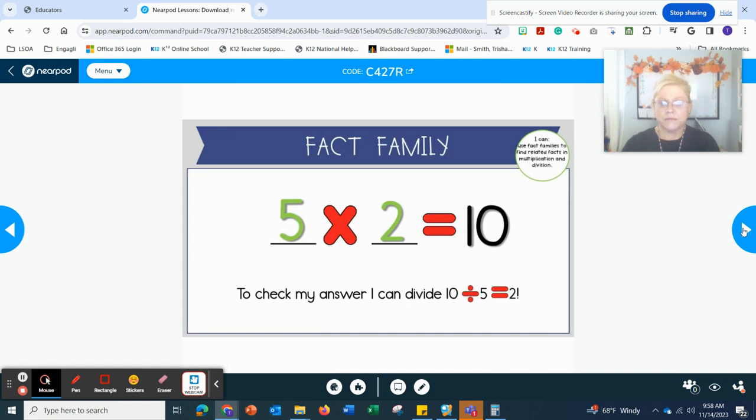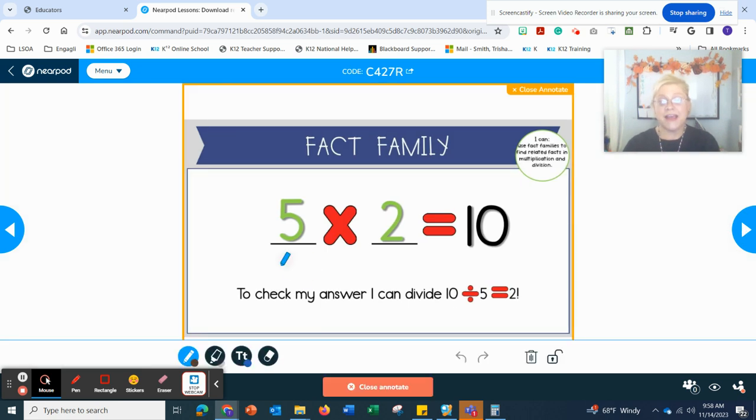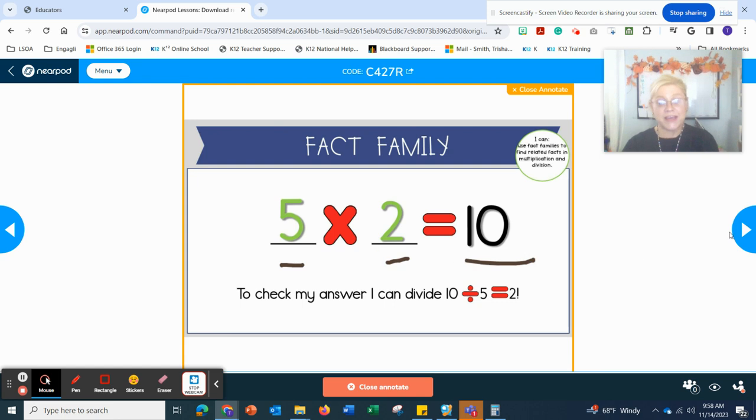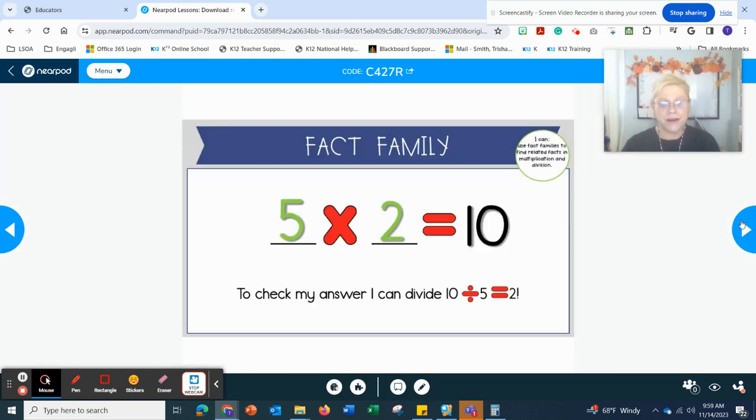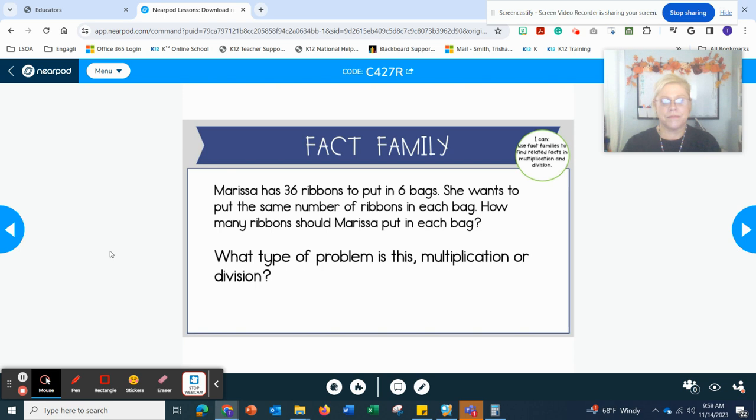But what is blah? Well, I have that automaticity. If I have that automaticity, I can say 5 times 2 equals 10. I can count 5 plus 5 as 10, Miss Smith. Duh, Miss Smith. But what if I don't have that automaticity? I could divide.